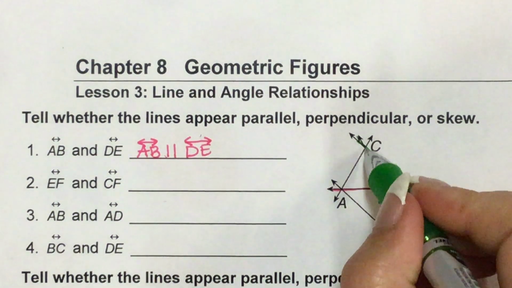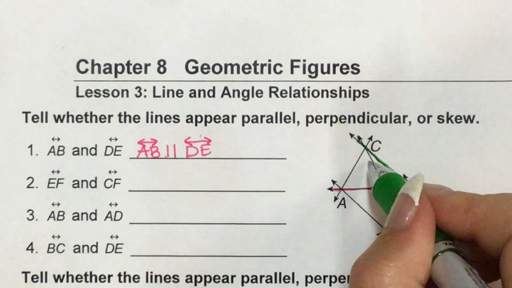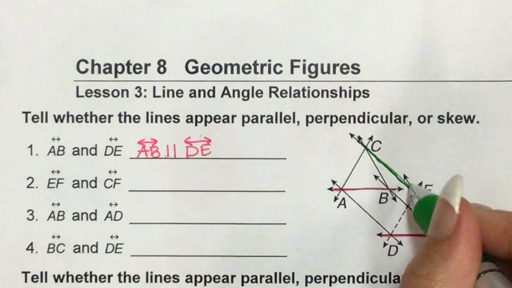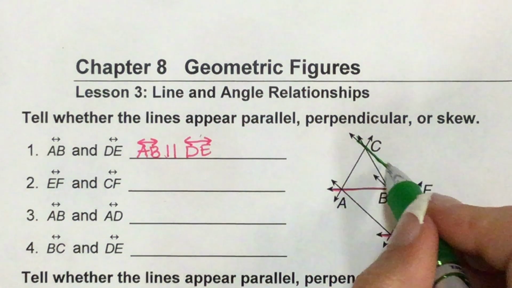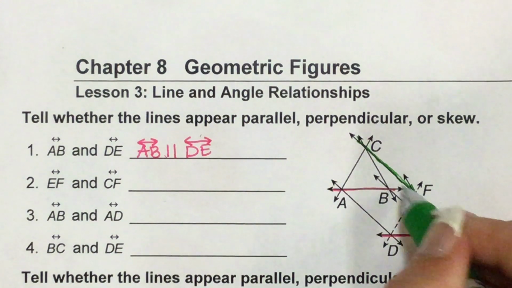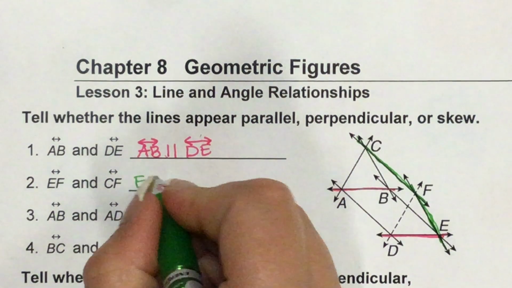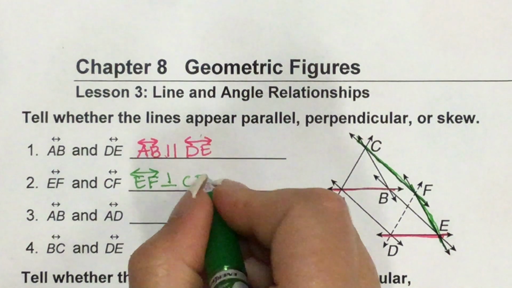They're going to intersect and create a right angle. Even though it's very difficult to see this side, they're going to intersect the same as these two. So I'm going to say that these two are perpendicular. So line EF is perpendicular to line CF.